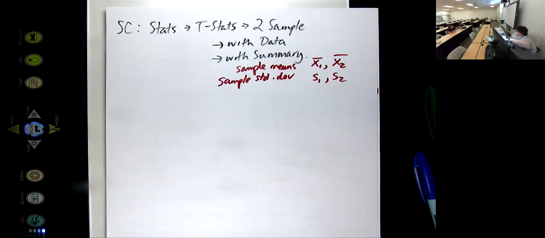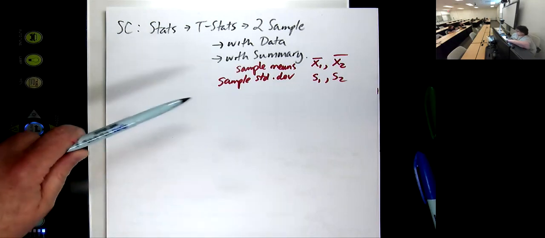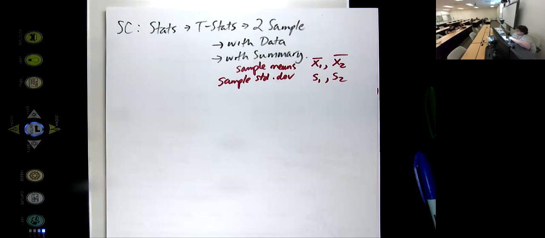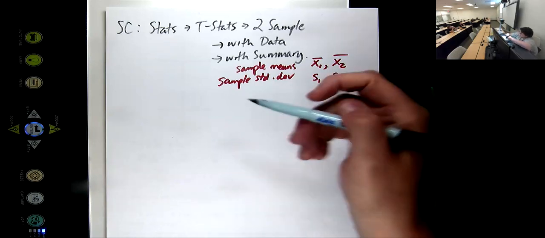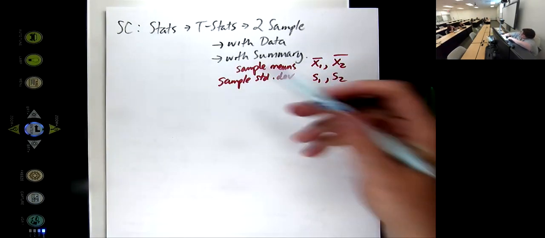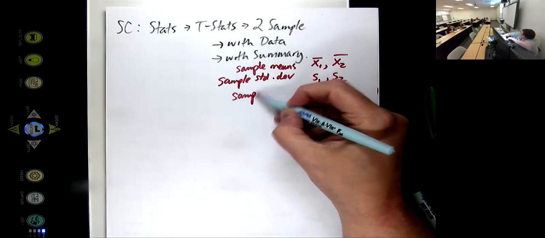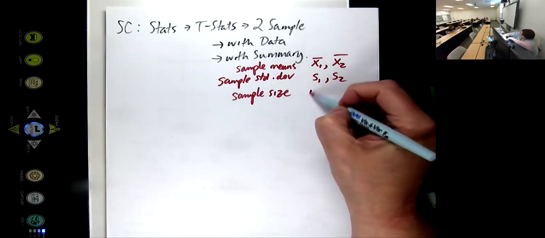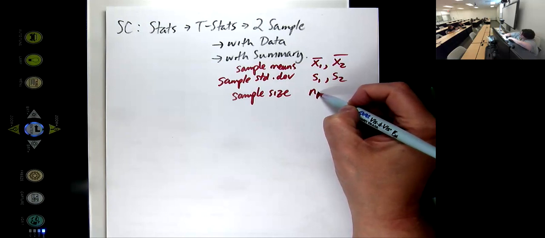In fact, if you see something that gives you two sets of means and two sets of standard deviations, there's a good reason to believe that it's this type of test right here, like when we're doing the final. And of course, you need to know sample size. So you'll need N1 and N2.